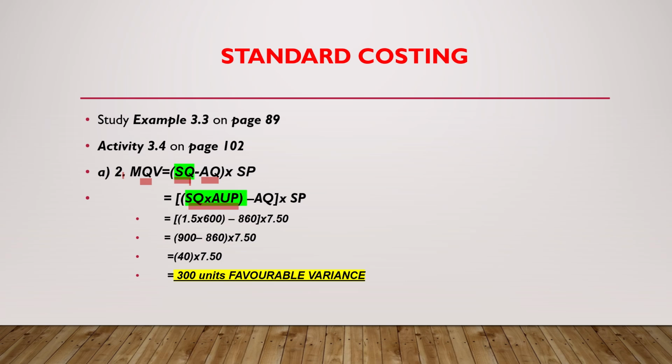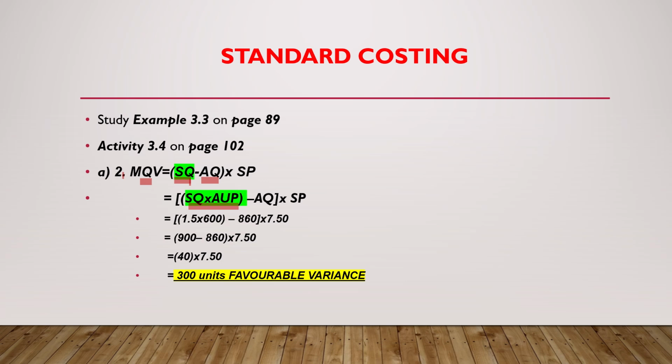Okay, now let's go to the example quickly. So we are still talking about material. What is the standard quantity for material? If you go there under standard information, they say 1.5 kg of wool is used at a standard price of 750. So how much is our standard quantity? It is 1.5 kg, right?